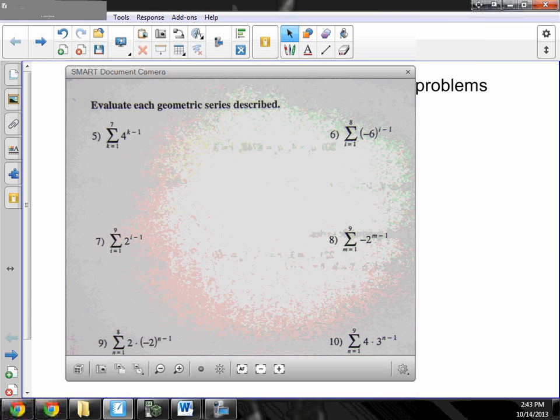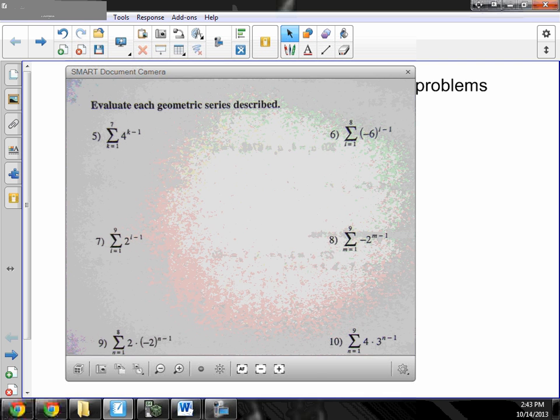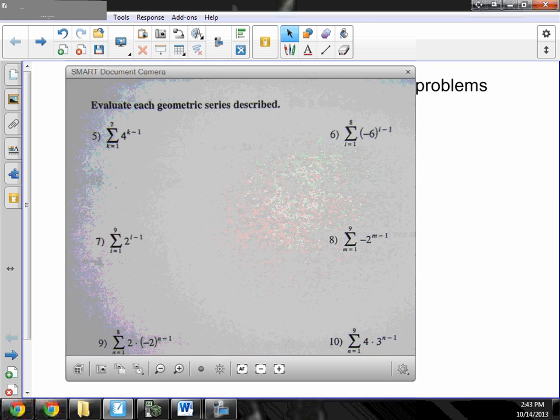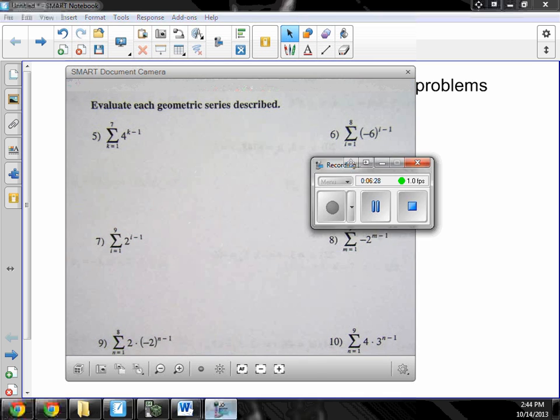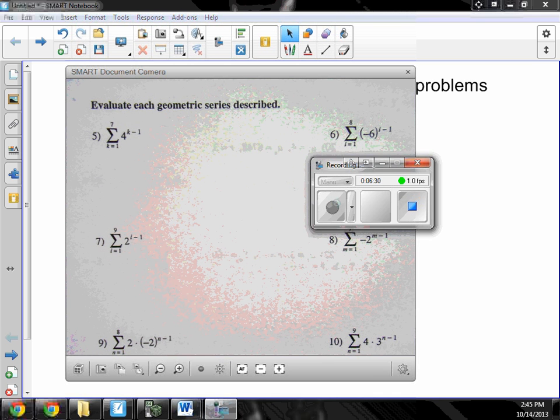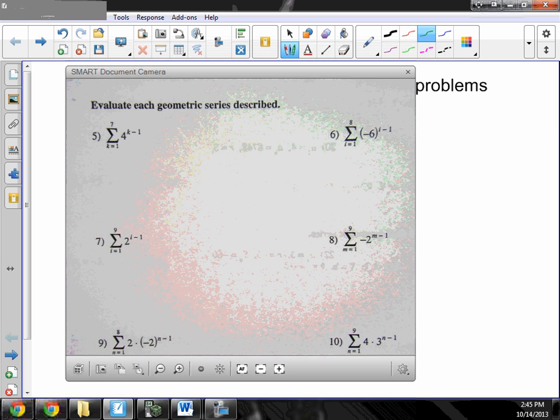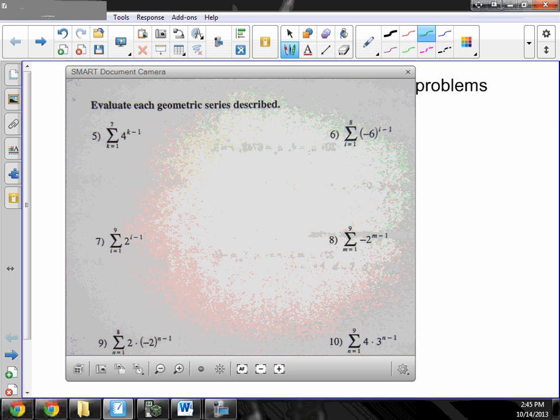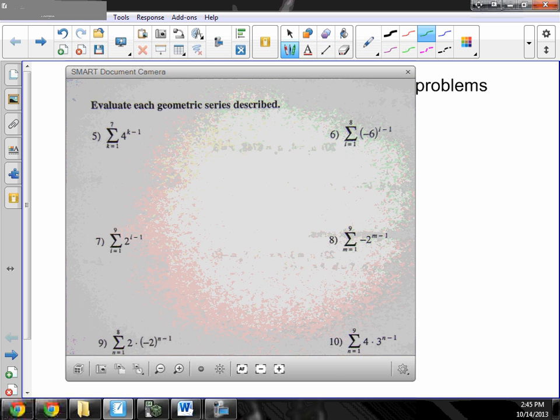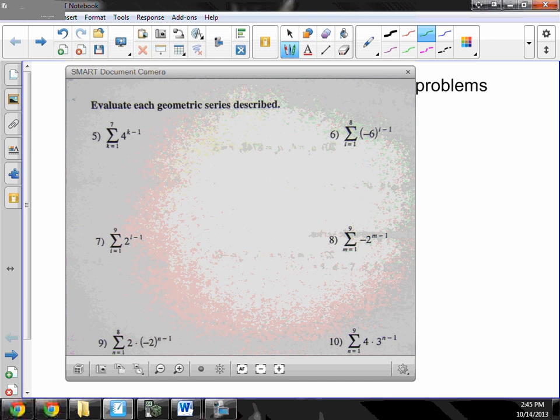Okay. So I want you to try number 6. Go ahead and give number 6 a try. So I'll pause the video. So your equation should look something like this. I plug in 1. 1 minus 1 is 0. Negative 6 to the 0 is going to be 1.